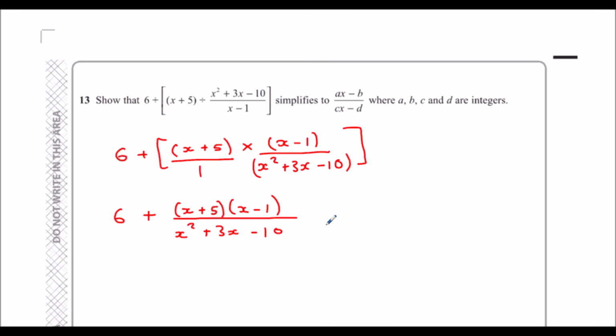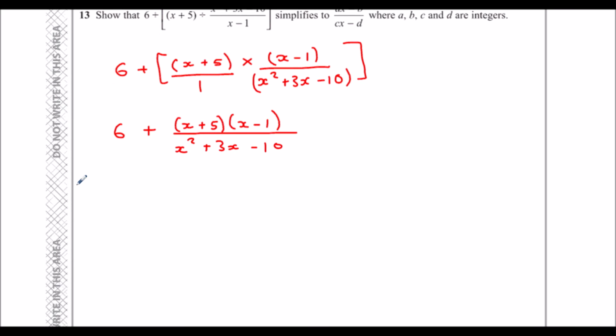Now our denominator, our x squared plus 3x minus 10, can be factorized. It's a quadratic. So let's factorize that. We're looking for what multiplies to make negative 10 and what adds to make a 3. So it's going to be a 2 and a 5. Let's put an x in both brackets. And we need a positive 3.